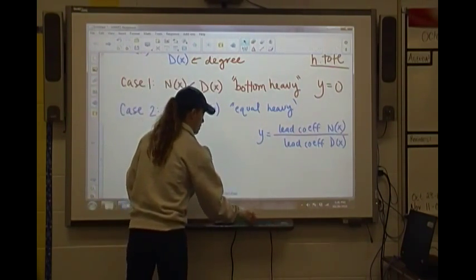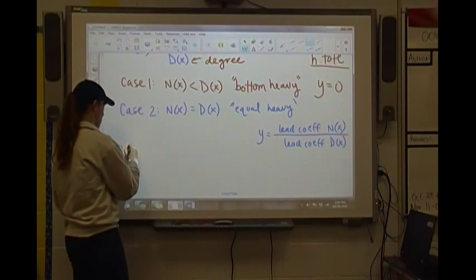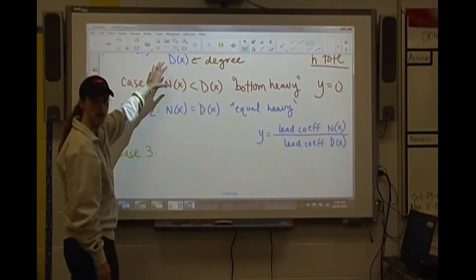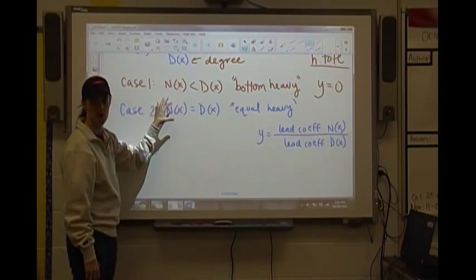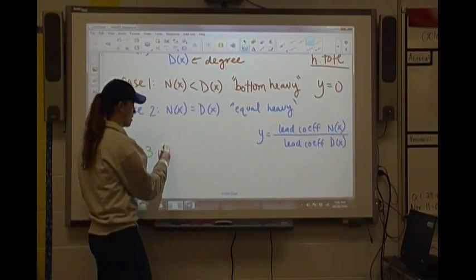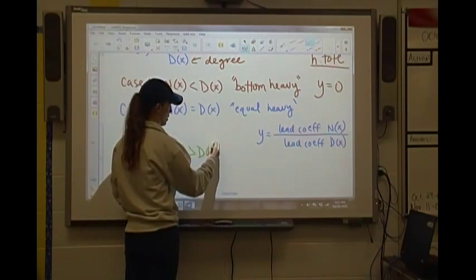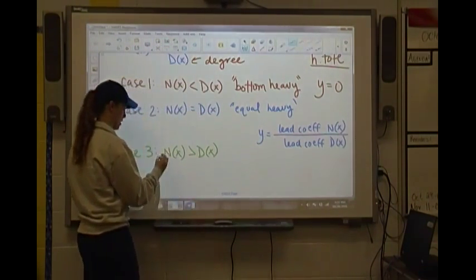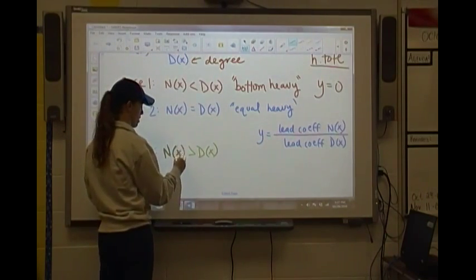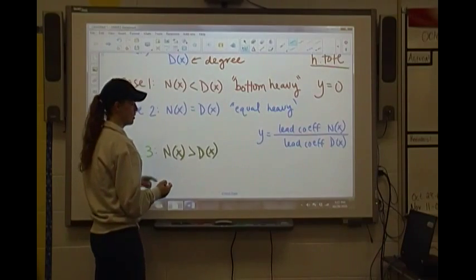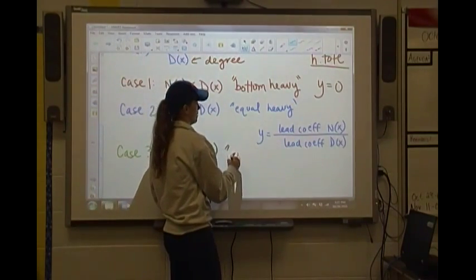The third case is where the numerator is the biggest. So the degree of n of x is greater than the degree of d of x. The degree is bigger on the top, and we call that top heavy.